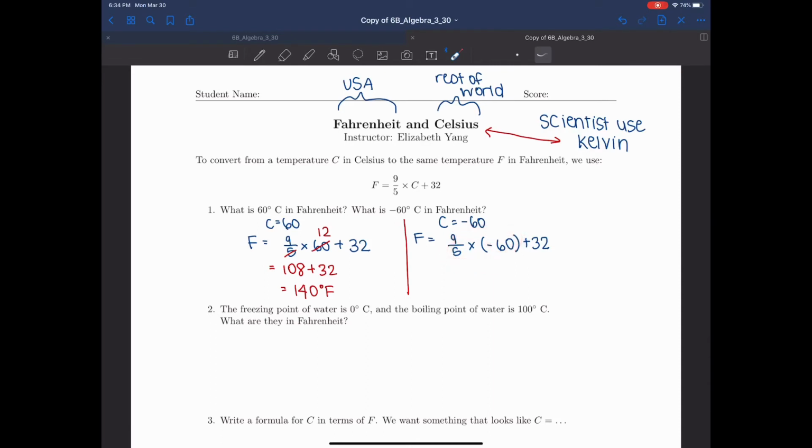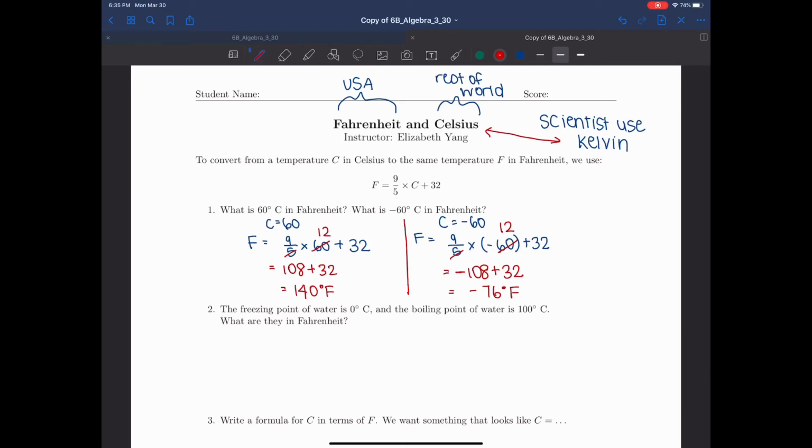If exactly one of them has a minus sign, then the product will be negative. So we can still cancel out factors here. And now instead we're going to get minus 108 plus 32. And if you do the math, this becomes minus 76 degrees Fahrenheit.